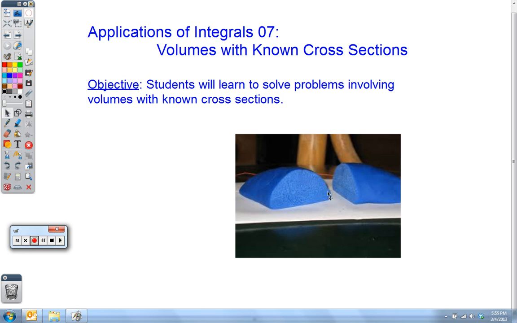So take this picture here. Imagine that I took this piece that's been cut and put it back where it started. The bottom would essentially be a rectangle, and this rectangle on the bottom would be the known base. And then this top part here is essentially a known cross-section.